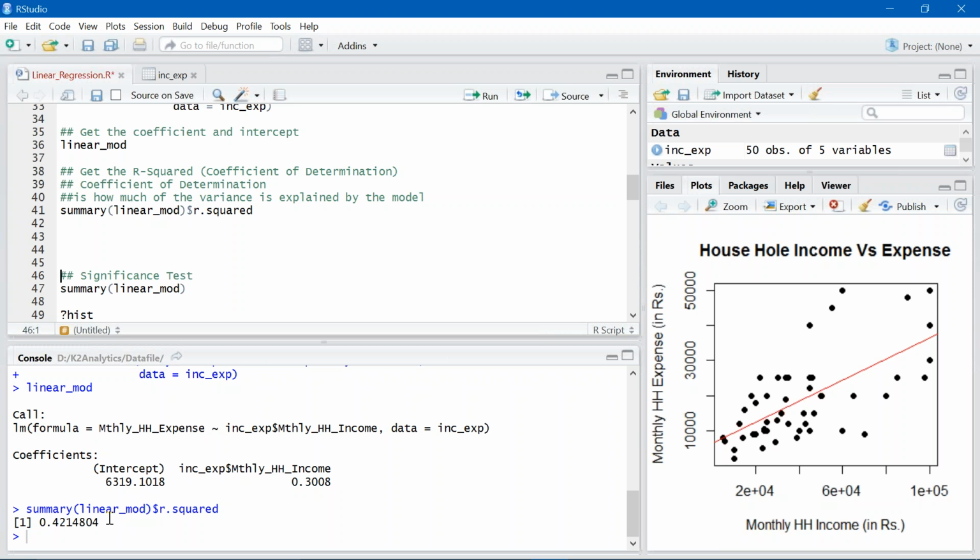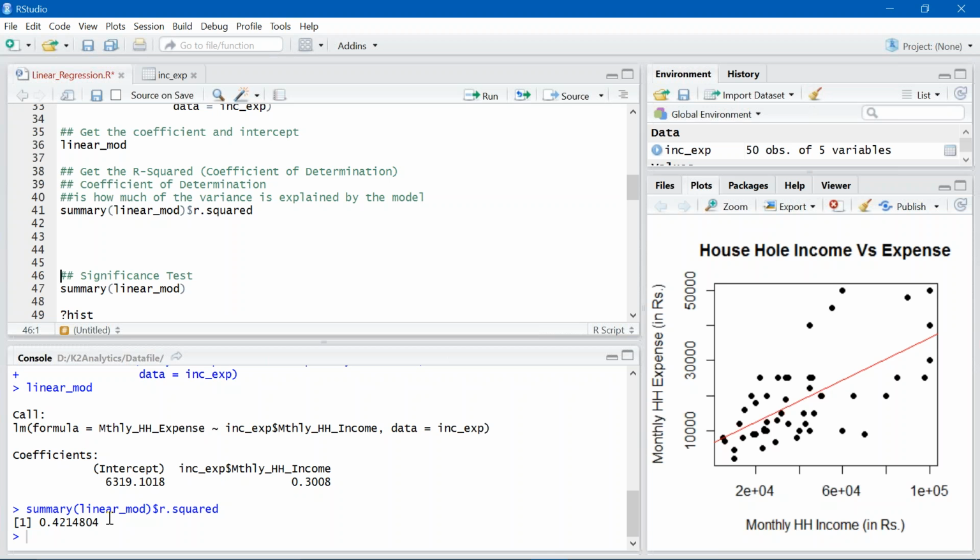Can I explain that somehow? It's possible. Do you agree that the expense of a household is not just a function of income? It's a function of something else also.